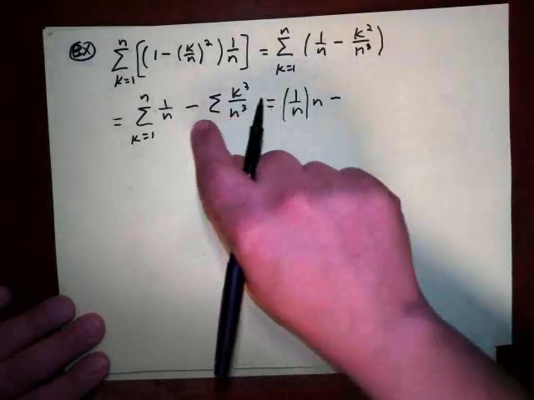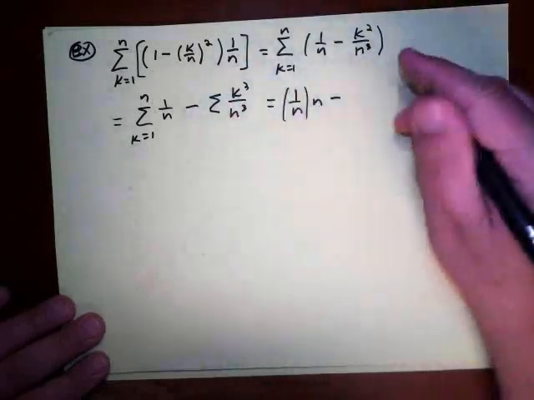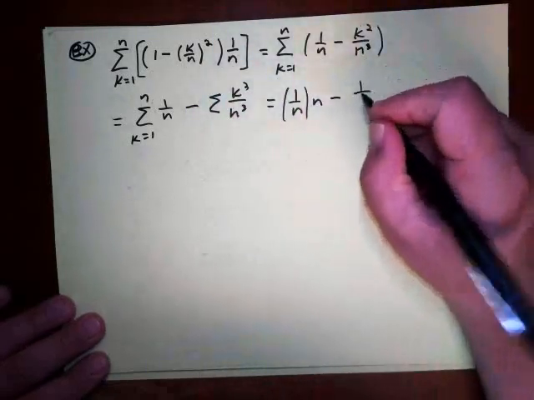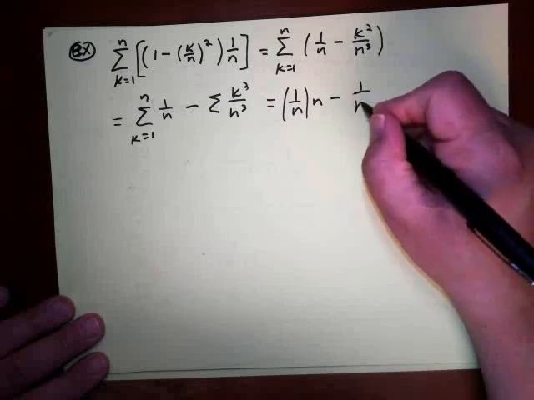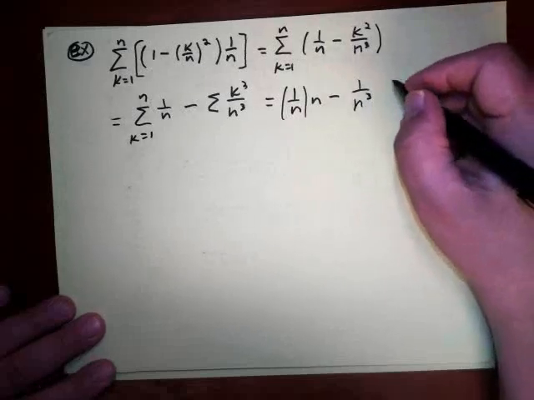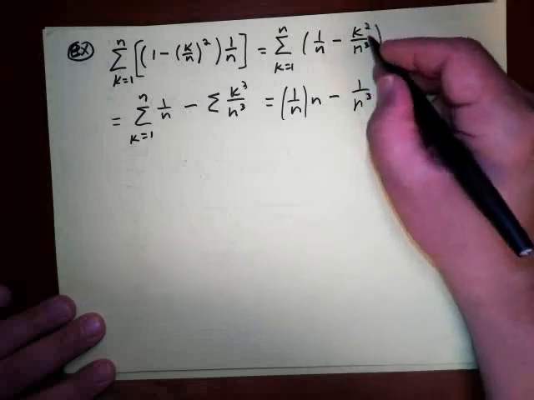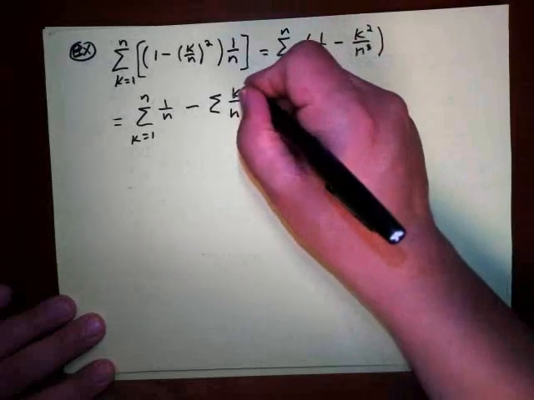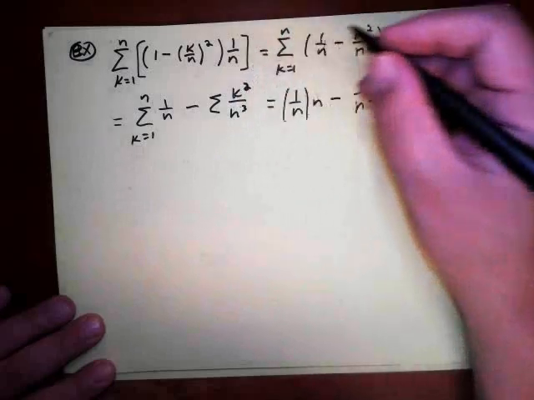And for this one, I can pull out a 1 over n cubed because the n cubed here is a constant. And, oh, this should be n, I'm sorry, that was a slip of the pen.